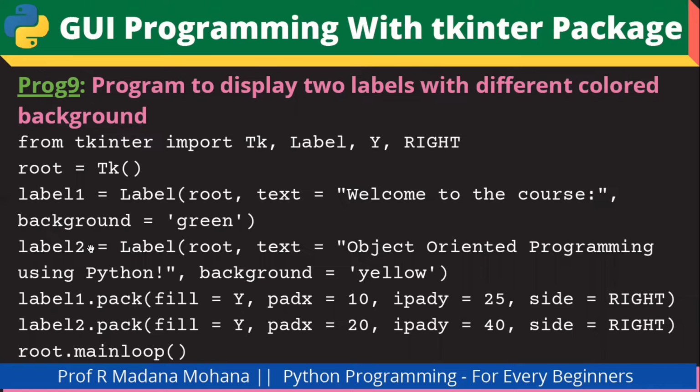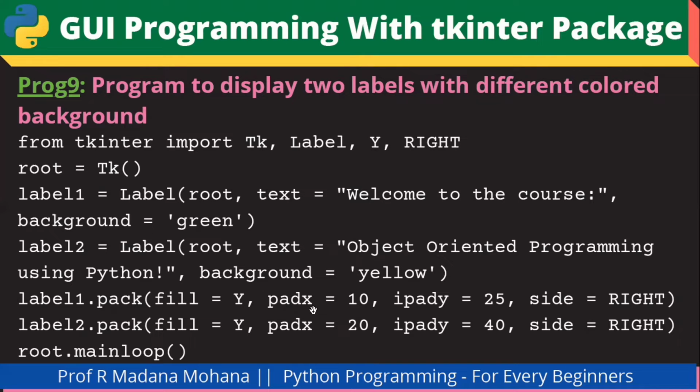Then another label I am creating with the object label2 equal to Label of root, comma, text equal to. Here the text is the continuation of the previous text: object oriented programming using Python. Now the background color I am giving as yellow, background equal to yellow. Now we have to pack both labels 1 and 2 using the pack method. label1.pack of fill equal to Y, towards the Y axis.